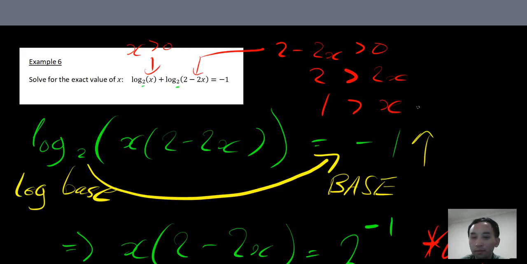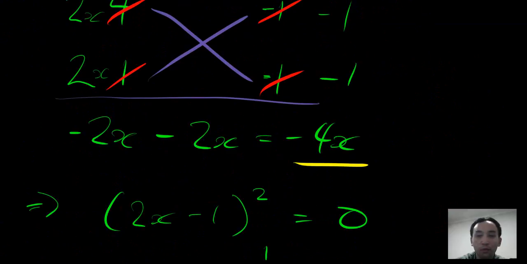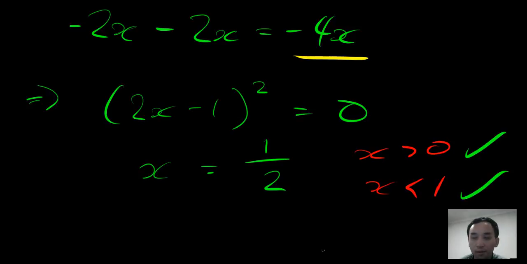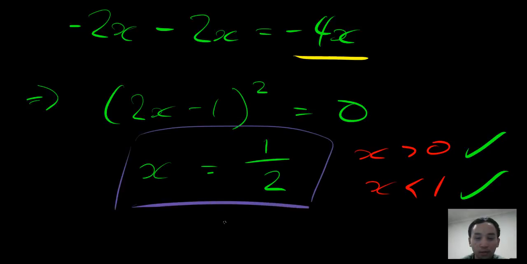Okay. And what we had over here was x equals half. So it fulfills both x greater than 0 and x less than 1. So since both these are satisfied, this means that our solution here is valid.